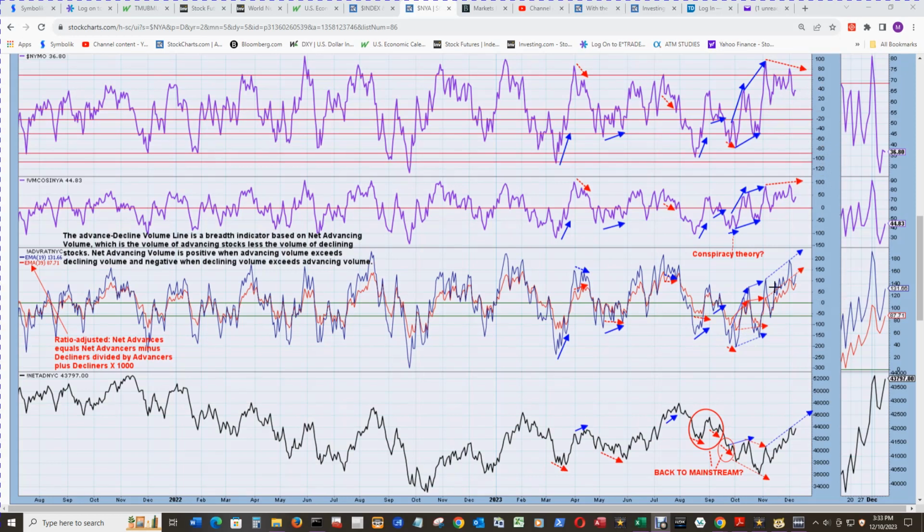And this one here, the advanced decline volume line for the stocks only, you can see it's a 19 EMA in blue, 39 EMA in red.